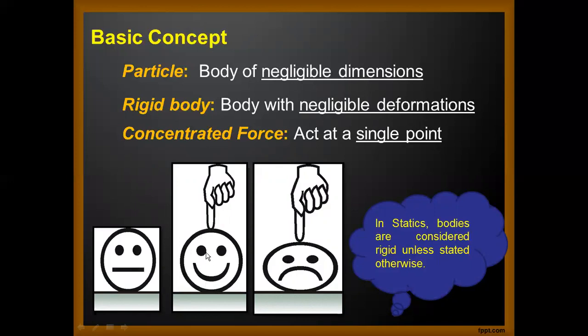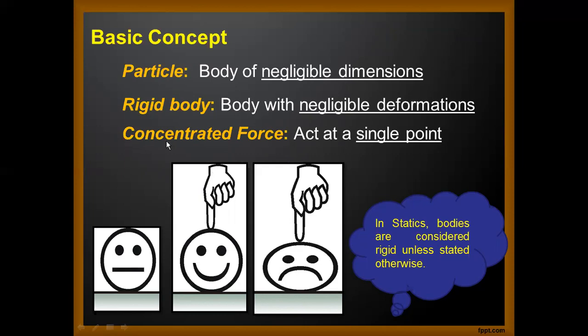That is called a rigid body. For the same amount of force, in the third picture there is a considerable amount of deformation or change in the dimensions of the body. So this type of body is called a deformable body. And the second one is called a non-deformable body, which is also called a rigid body.